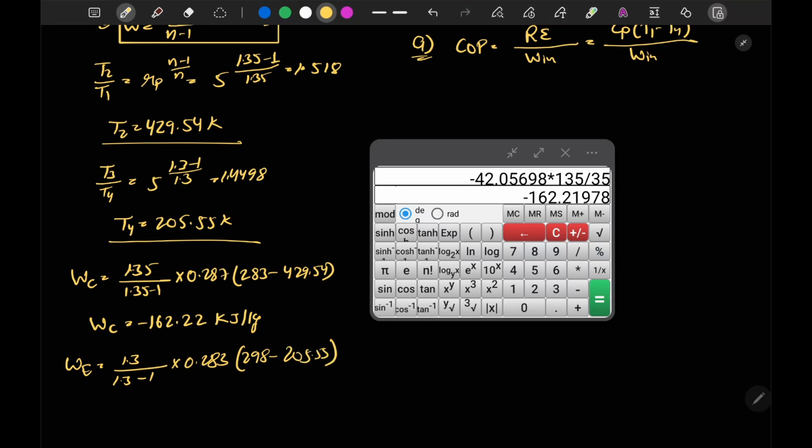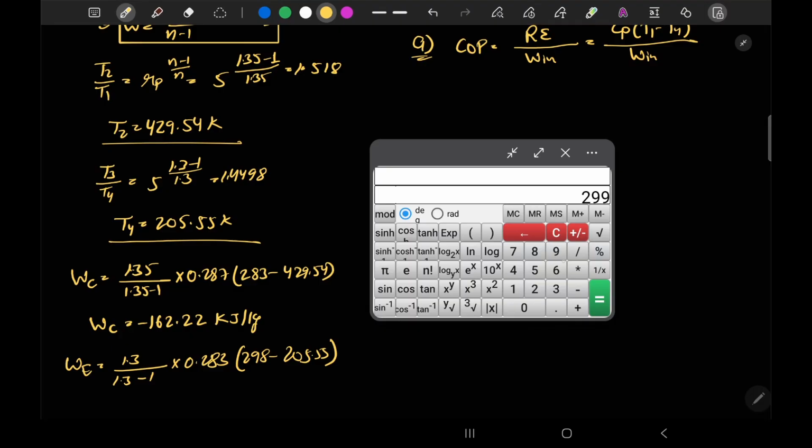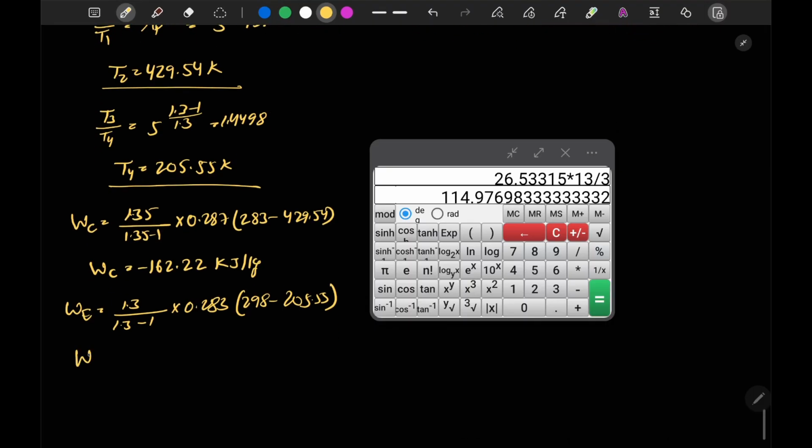Calculating 298 minus 205.55, into 0.287, into 1.3 divided by 0.3, I have obtained the expander work equal to 114.97 kilojoule per kg.